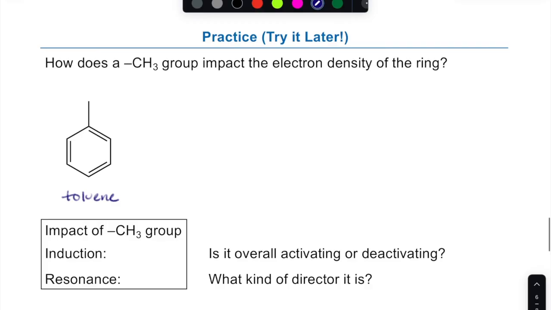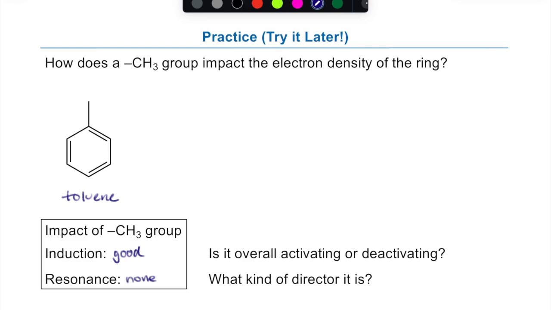The next practice, try it later, is looking at how an alkylated benzene ring induces reactivity for further substitutions. So from this, because this is inducing, this is good for induction. Resonance, we're not able to form a resonance structure that would further stabilize the molecule, so it's none.